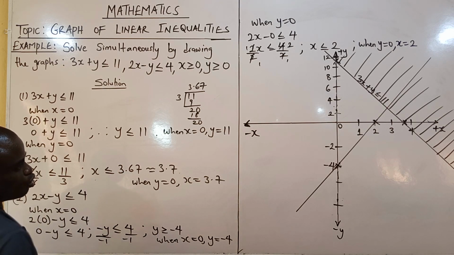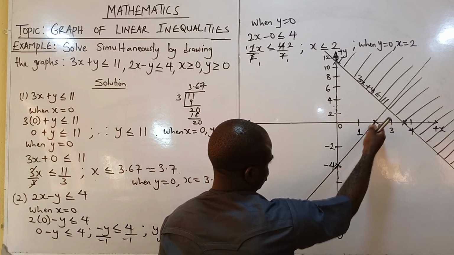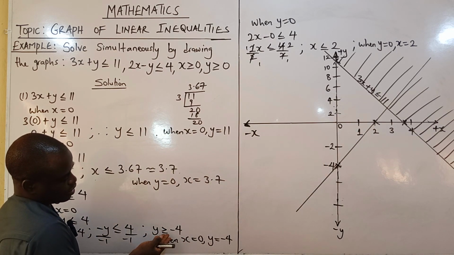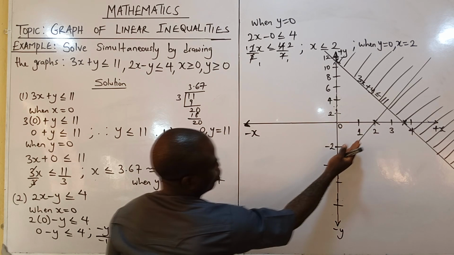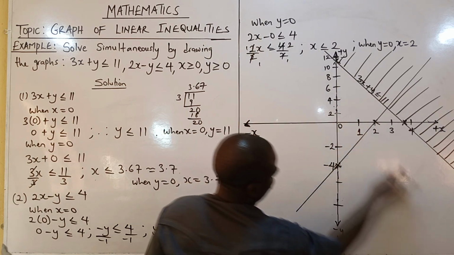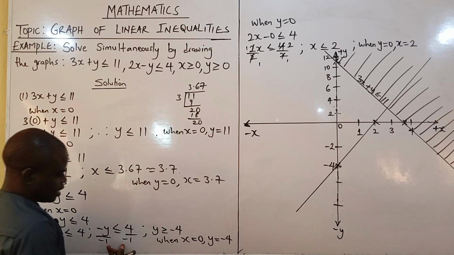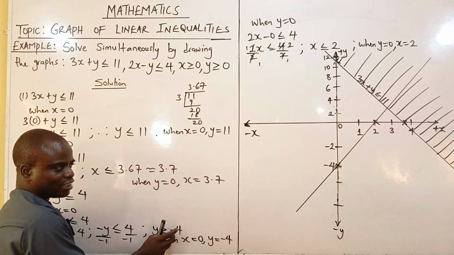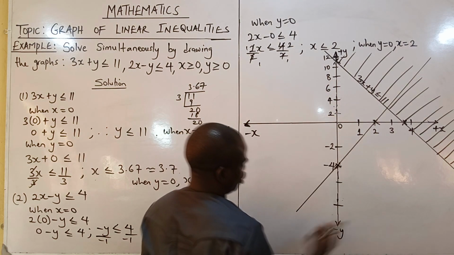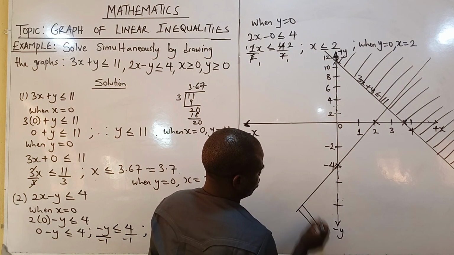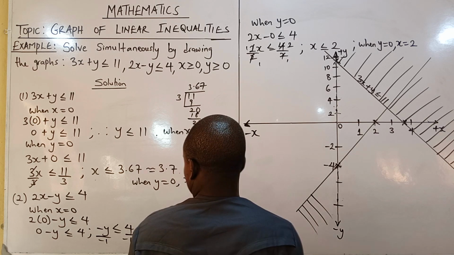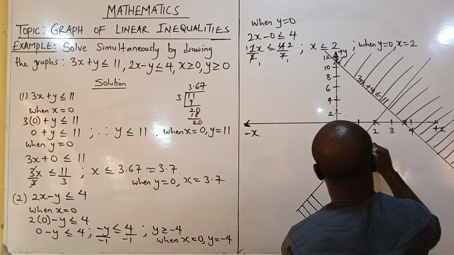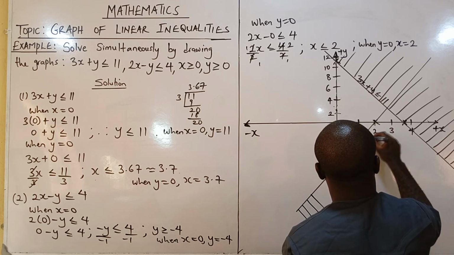So we are now interested in greater or equals to. From here, moving up is greater, and we shade the opposite. Dividing by a negative has changed the sign from less or equals to greater or equals to. We shade the opposite, and that one is 2x minus y less or equals to 4.